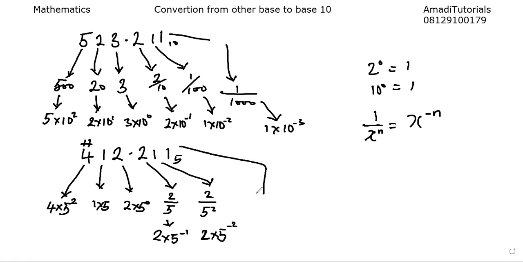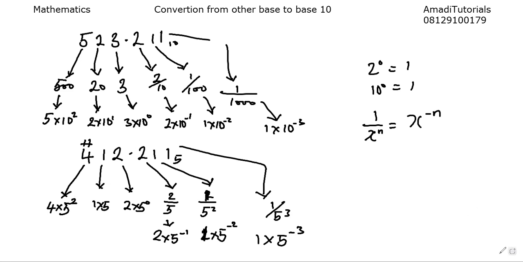And the last one, of course, oh sorry, here is 1, not 2. 1 over 5 raised to the power 3. It's the same thing as 1 times 5 raised to the power minus 3. So if you calculate all these things and add them together, it will give you the equivalent of this number that is in base 5. It will give you the number in its base 10.